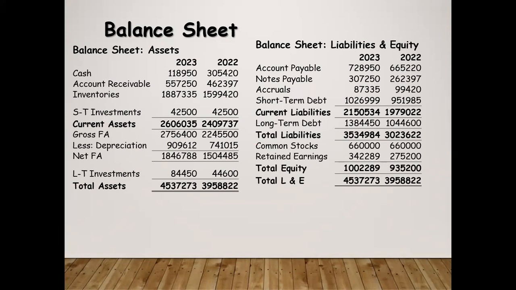Thereafter, we have common stock and retained earnings. That is a part of equity. Equity also includes reserves, treasury stocks, etc. The sum of total liabilities and total equity should be equal to total assets. You can simply compare for both years.